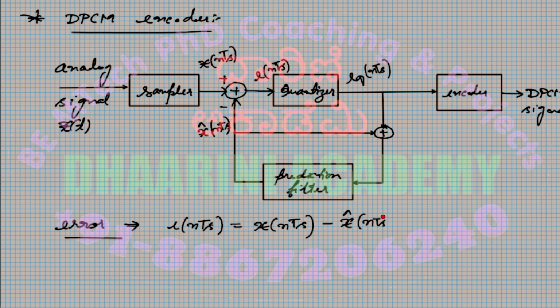Next, the equation I'm going to write is the quantized error signal. Just try to recall. I asked a question about what is the disadvantage of a quantizer, and the answer we got was that it introduces an error, correct?